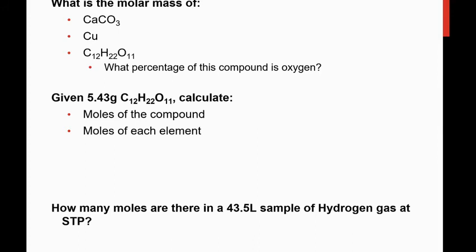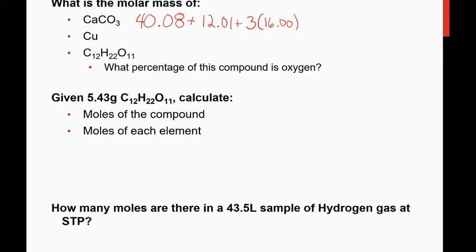So when I look at calcium, calcium is going to be 40.08 on the periodic table, and I have one of those. So 40.08 plus carbon, which is 12.01, plus 3 times oxygen, which is 16.00.